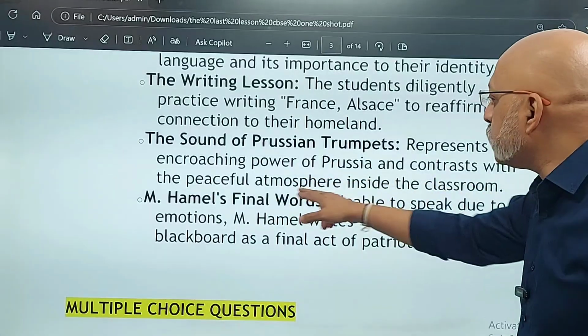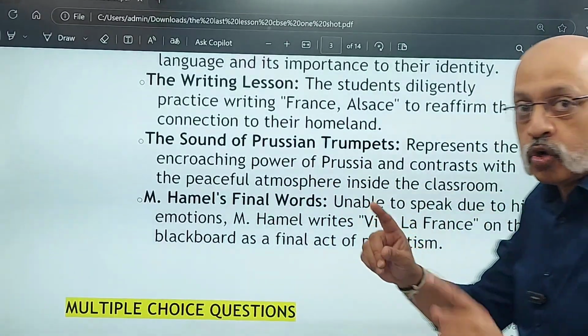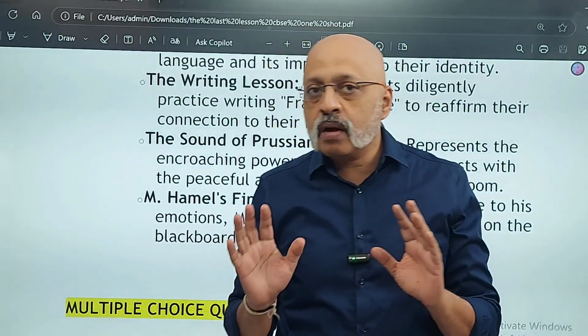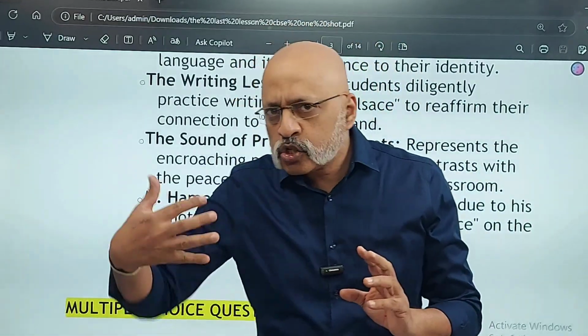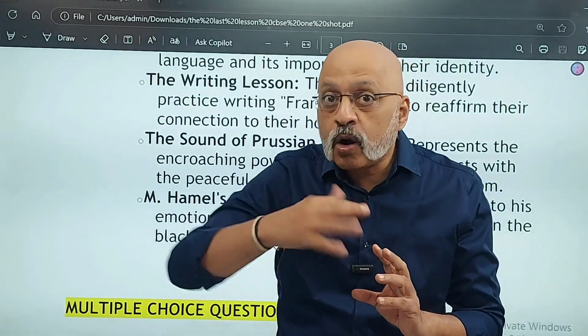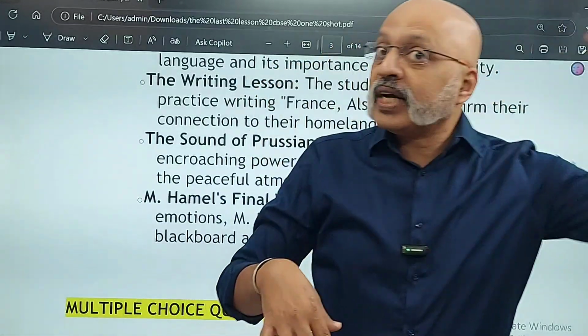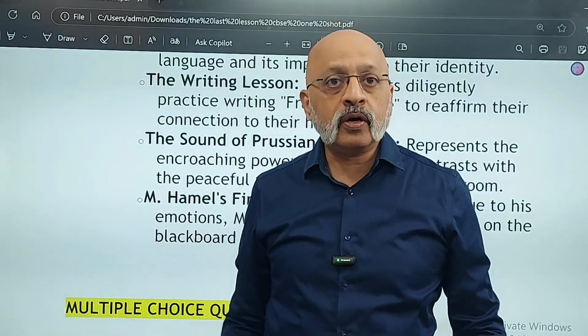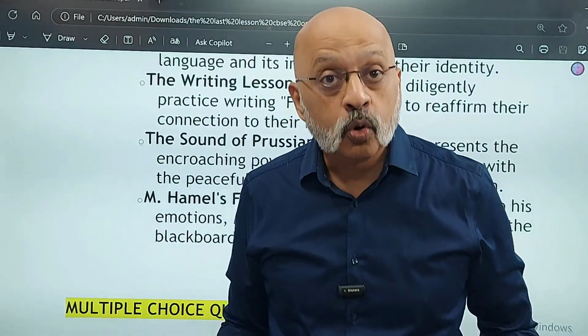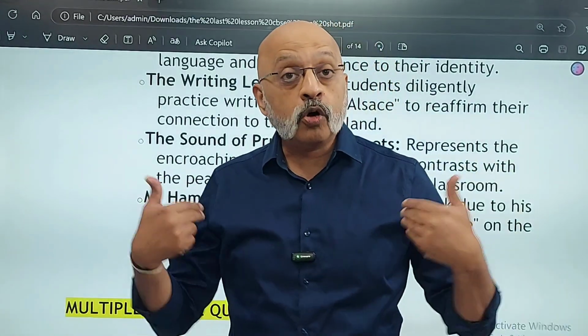And contrast with the peaceful atmosphere inside the classroom. Inside the classroom, it is a moment of nostalgia, a moment of regret. So you have all those emotions playing out inside the classroom. Outside the classroom, it is a moment of triumph, that we have conquered these two towns. These two towns no longer belong to France, they belong to Prussia.